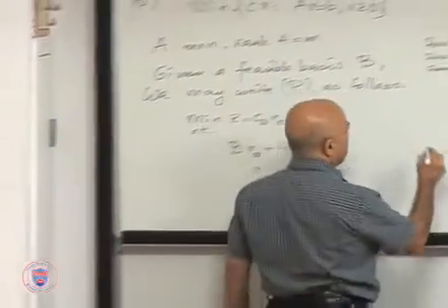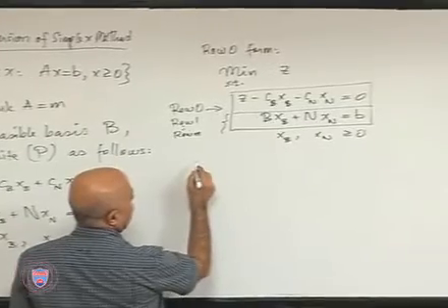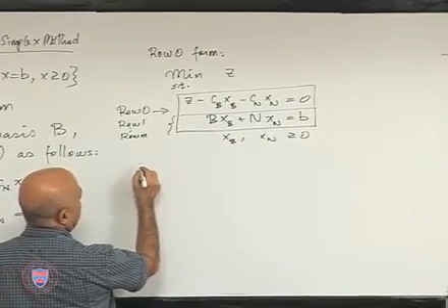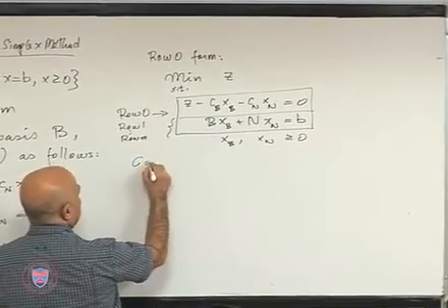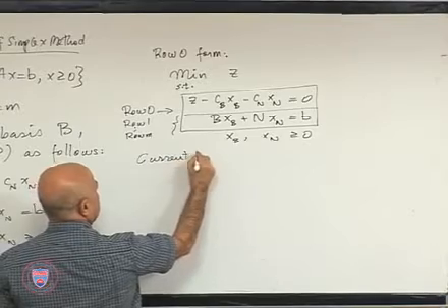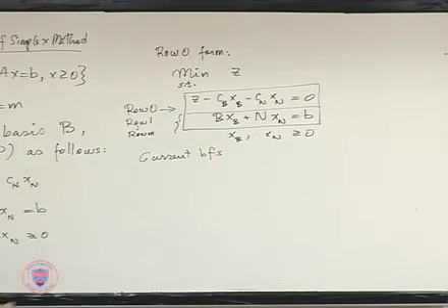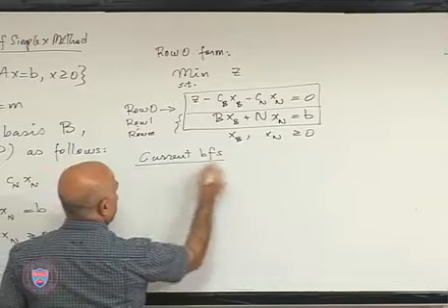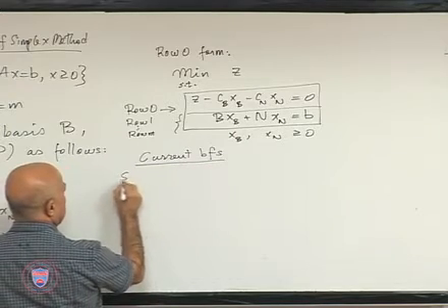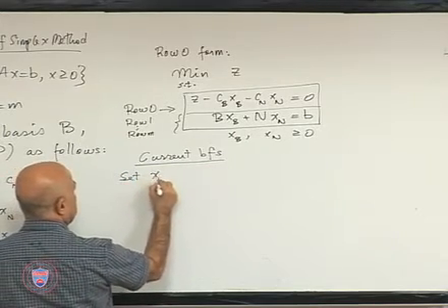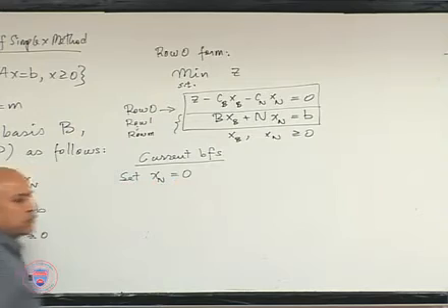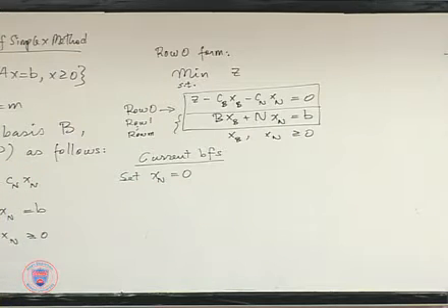So how do we do this? We do it as follows. First of all, let's just state the current basic feasible solution as defined by the current basis. So the current basic feasible solution is obtained by setting the non-basic variables equal to 0. That's a vector of zeros.